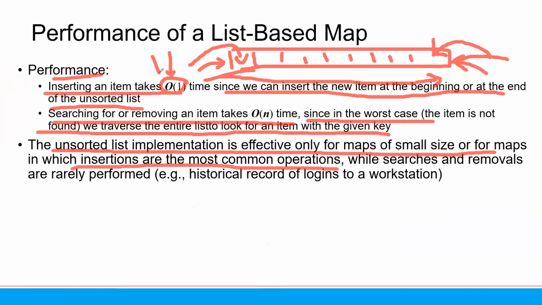If searches and removals are rarely performed, then it is good. But if you search a lot or remove a lot, then you may consider another kind of data structure.